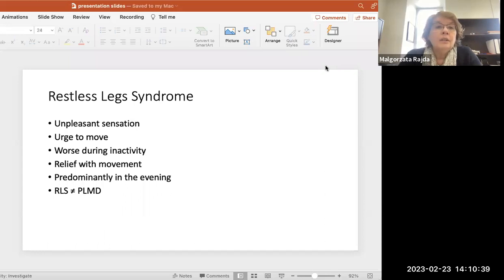This is what we do in the rest of the country. And they will perform a test like that. But what is important with the level 3 studies is that you make sure that the report you're getting is interpreted by a trained sleep physician.